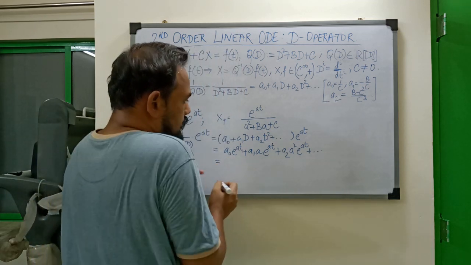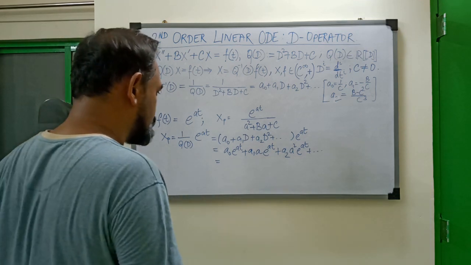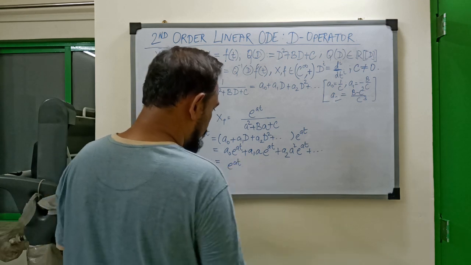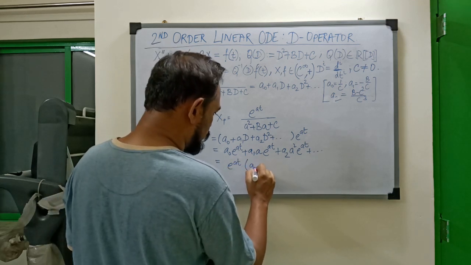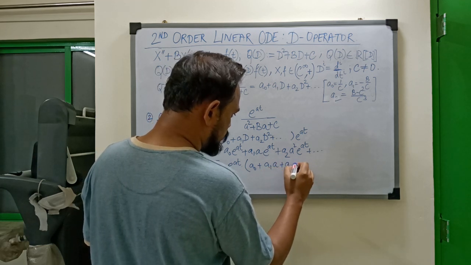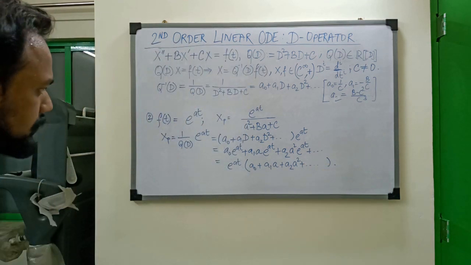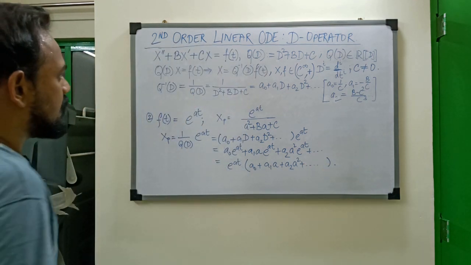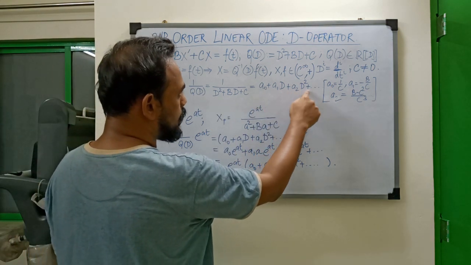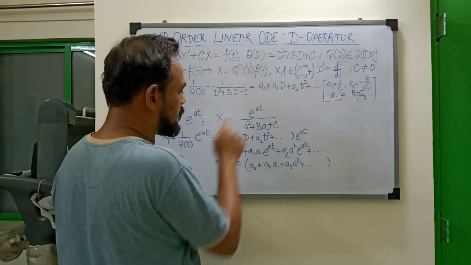We can take e to the power at common. It's common from all of them, right? So let's write e to the power at, and what I have is a0 plus a1a plus a2a square plus dot dot dot. This goes on. Now what is this? You see, when you had d square like that, it was 1 over this expression, d square plus bd plus c.